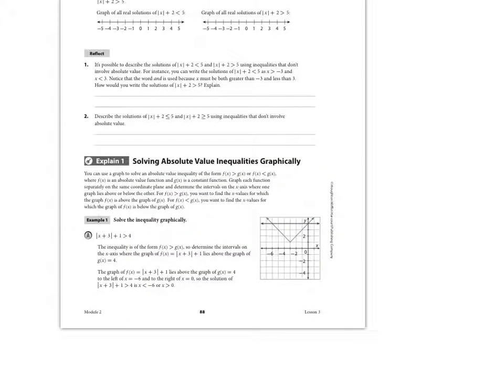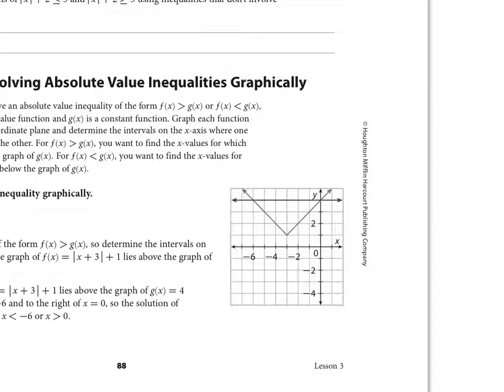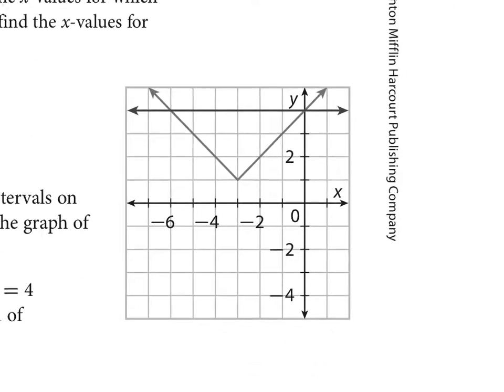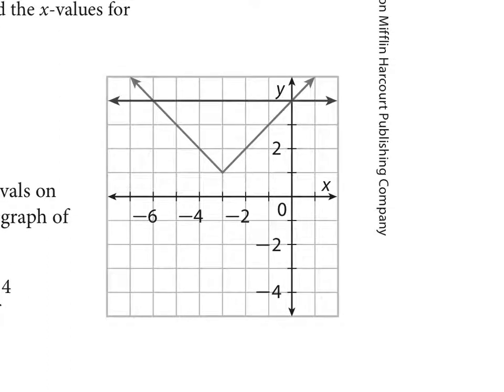Turn to the next page, and direct your attention to the very bottom of the page where there's a graph. I'm going to show you how to solve an absolute value inequality by graphing it and looking at the graph itself. So this graph was created by graphing the left side of the inequality and then graphing the right side like you did in the last lesson.